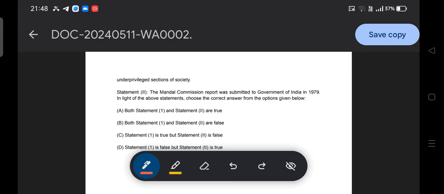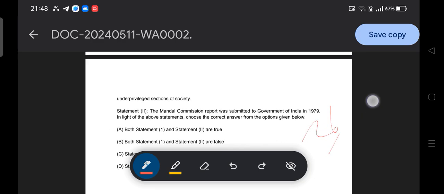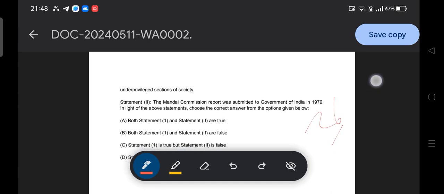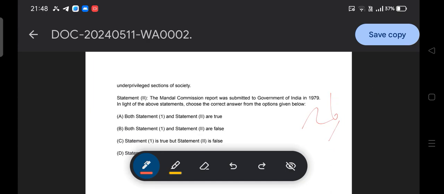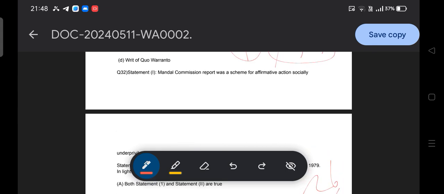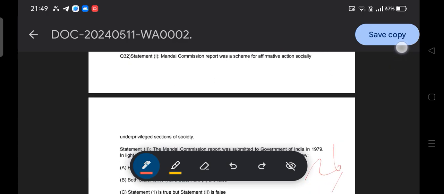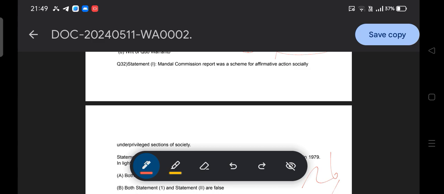Then with continuation of that, question number 36. The Mandal Commission's report was submitted to the government of India in 1979. The Mandal Commission report was a scheme for affirmative action for the socially unprivileged section of society, that means for reservation.